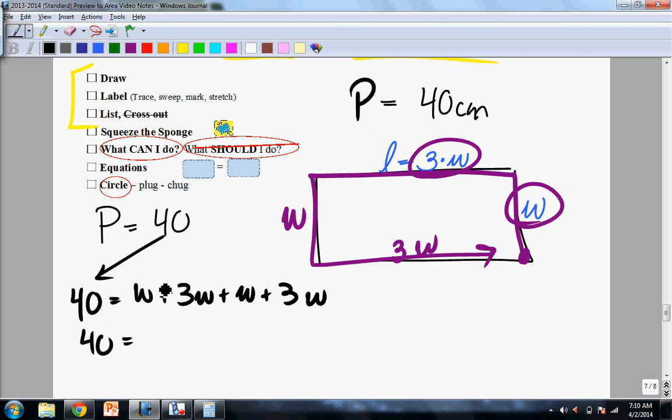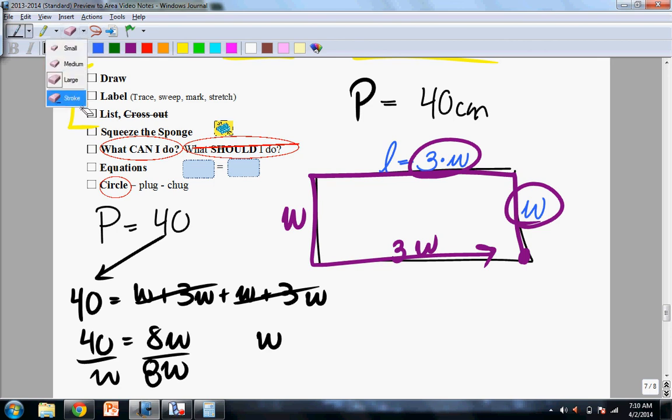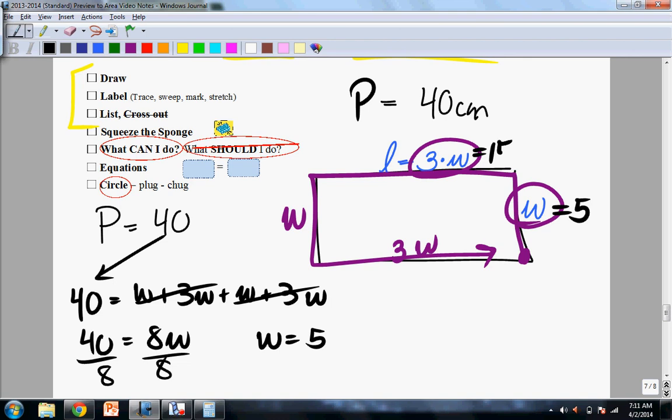Collect like terms. That's 40 equals 8W. We divide by 8, and W equals 5, which makes the length 15.